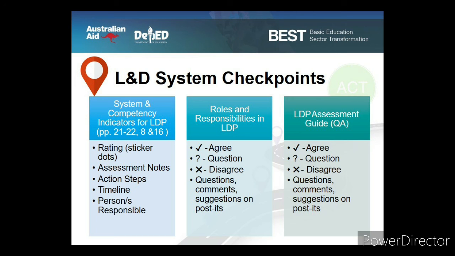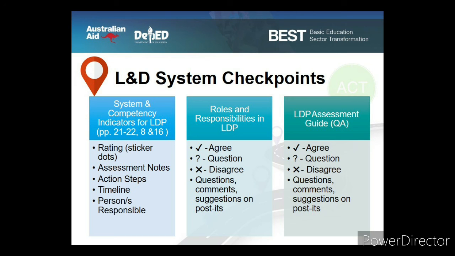Roles and responsibilities in the learning and development program. Of course, since it is a checkpoint, there are options, and the role of the organizer is just to check whether it is agreed by the members, then a question mark or X for disagree, and questions, comments, suggestions on post-its.